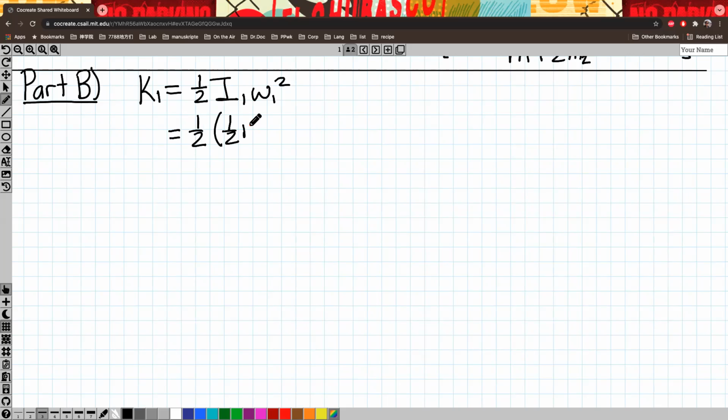So inertia, we calculated inertia because it's just half of mr squared. So we have half of mr squared. And then the initial angular velocity is also given at 3.3, but we could leave it the way it is at the moment.